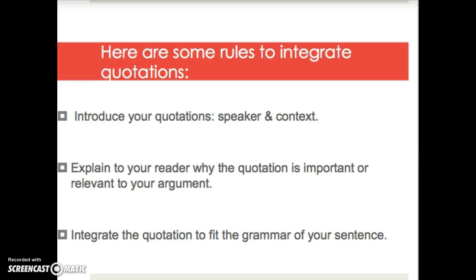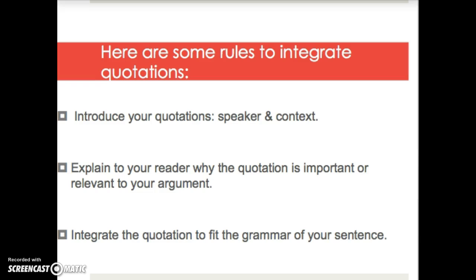A quotation has to be explained or deconstructed for it to be meaningful and effective in a paper. So you can't just throw a quotation in and just leave it at that. It's your job as the writer of this essay to elaborate and make sure those connections are clearly stated in your paper.